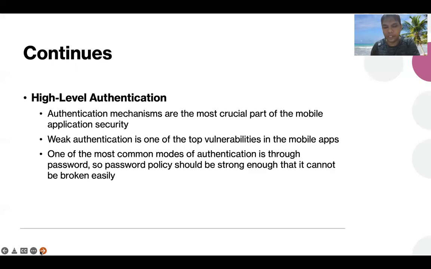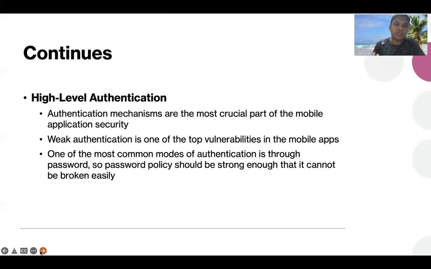High-level authentication. Very basic authentication is, of course, your username and password. If you use poor authentication, this gives opportunities for most hackers or outsiders to inject into your application.